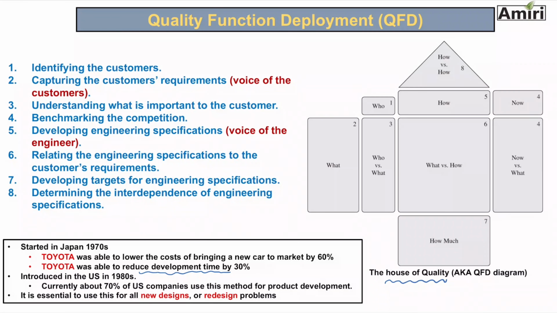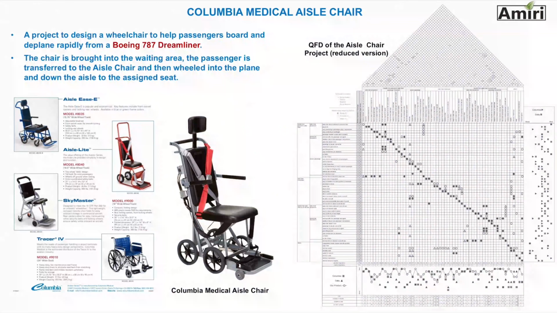Again, it goes back to understanding what the customer wants and having clear engineering specifications and descriptions of customer requirements. The example that we use today in this lecture is from a product called the aisle chair. I'm sure you've seen this exact product, or similar products, when traveling through airports and different airlines.